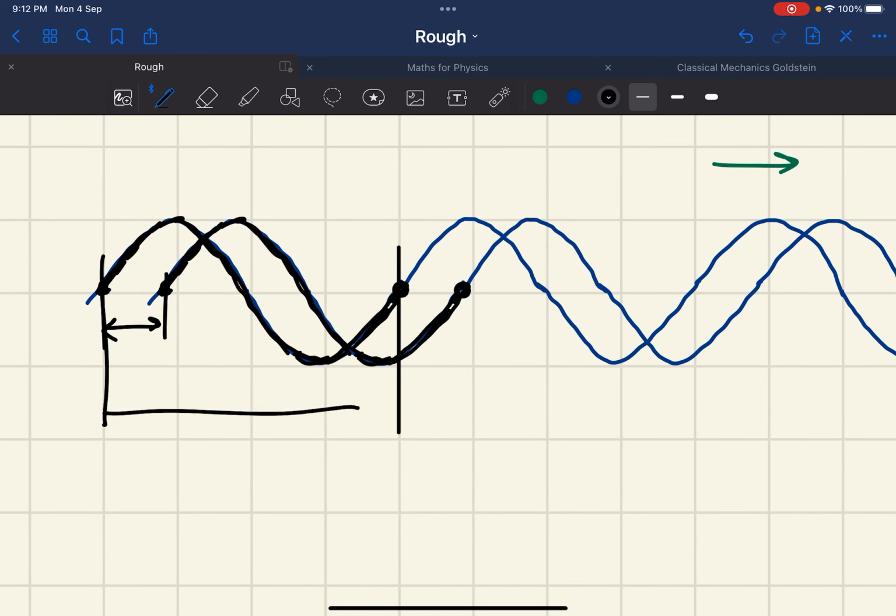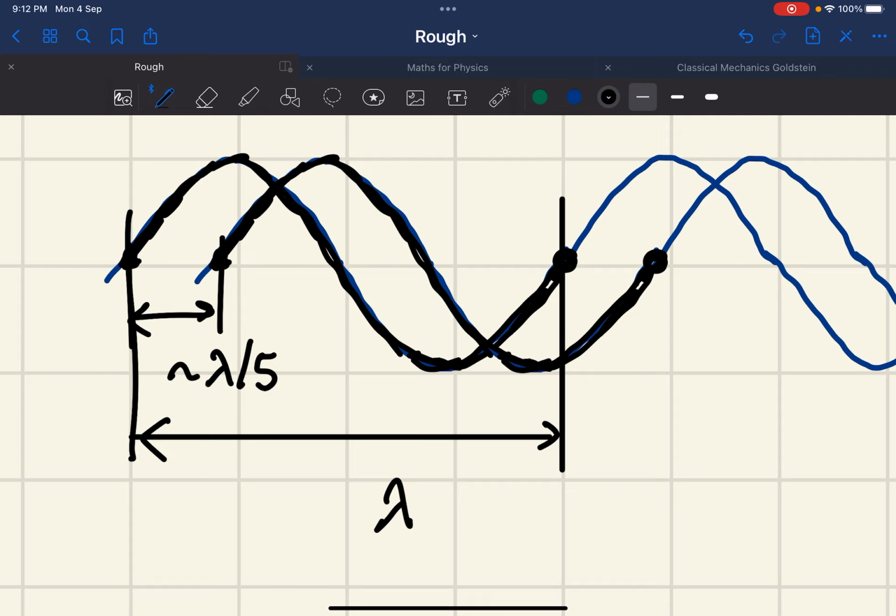This is a whole wavelength. So we can see that this amount of length is slightly less than a quarter of a wavelength, probably roughly a fifth of a wavelength.